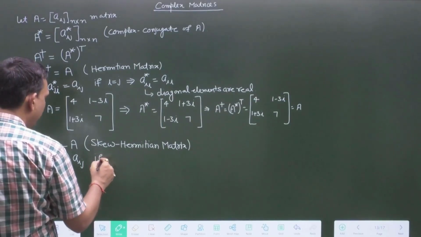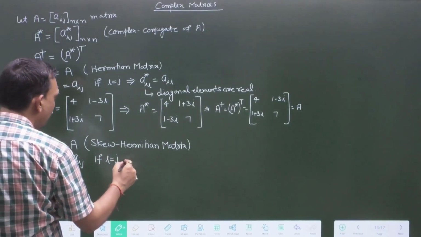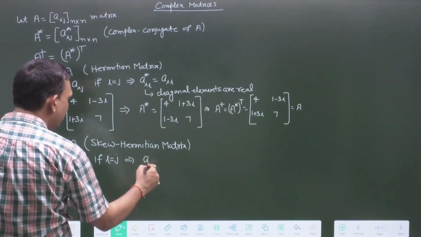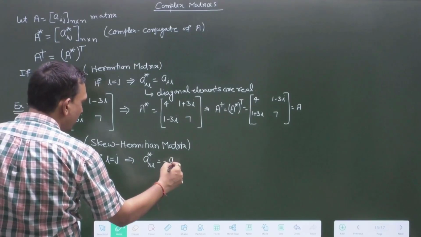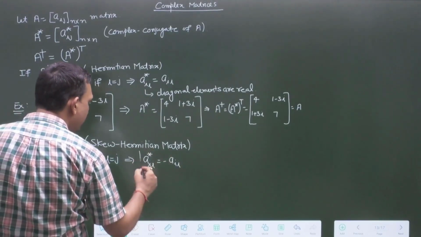So if i is equal to j, this gives you the conjugate of A_ii is minus A_ii. This condition must be satisfied.